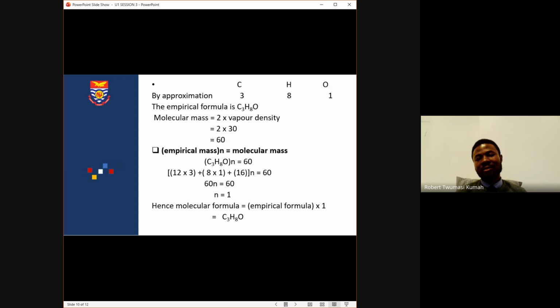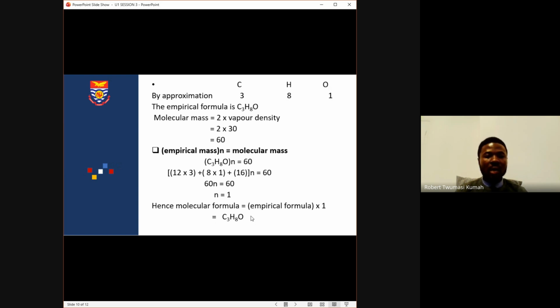That is so interesting. What it means is that the empirical formula is also a molecular formula. It's an empirical formula, and it's also a molecular formula. That's telling us that it's not all the time that we are going to multiply the empirical formula to get a molecular formula. So having gotten 1, we go back and multiply this whole thing by n, which is 1. And that gives us C3H8O.